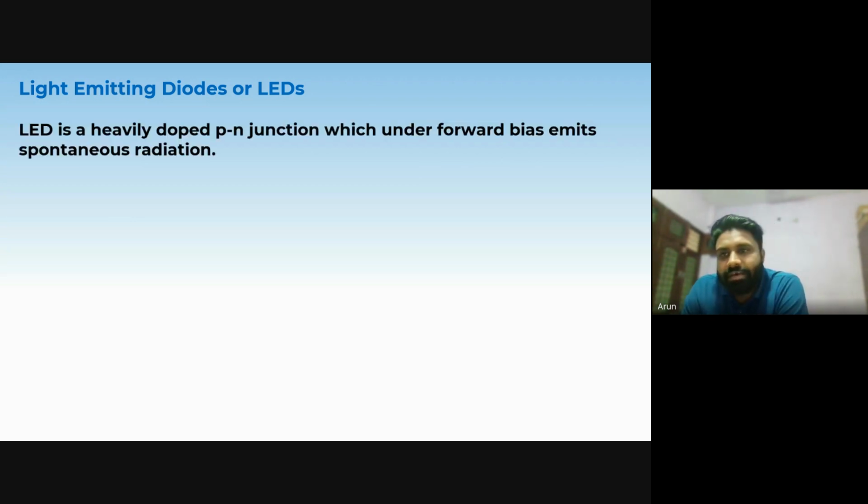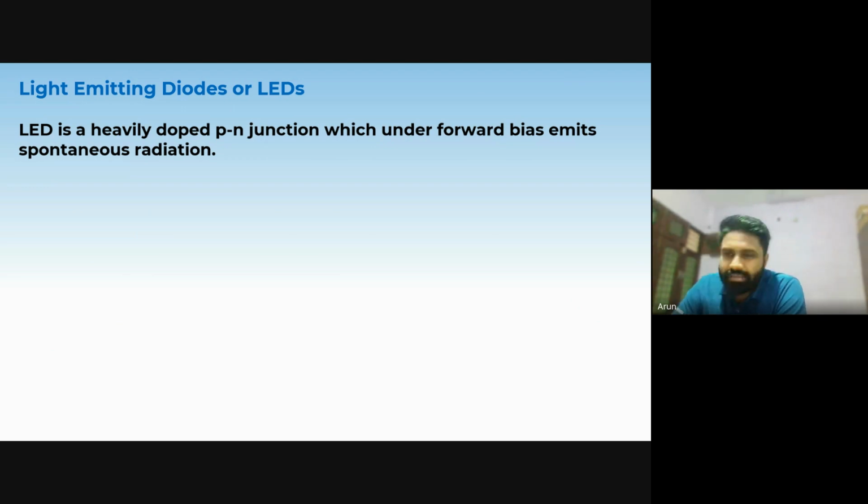So these are nothing but the light emitting diodes that we are going to study. Okay. So it is a very highly doped PN junction diode, which under forward bias emits spontaneous radiation, which means if you connect this with the external circuit in forward biasing condition, it will emit light. Okay, that we will see.